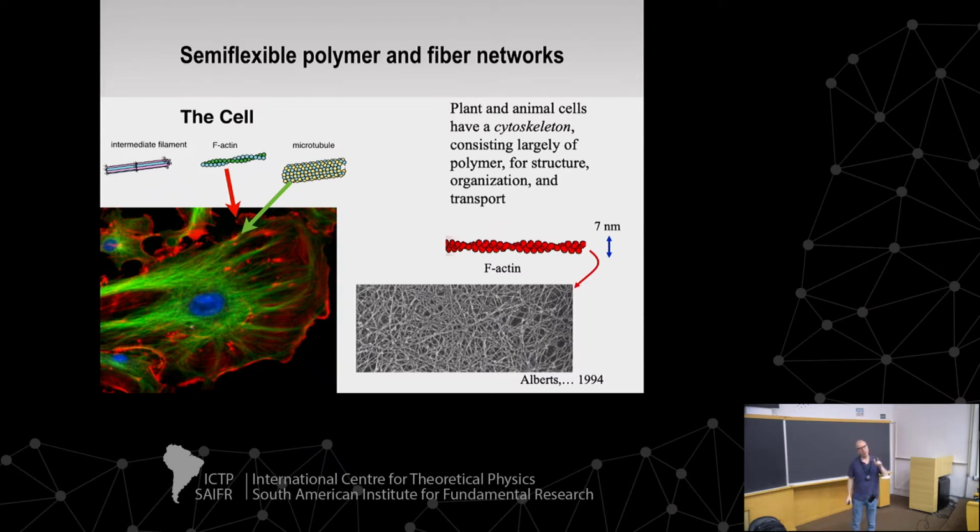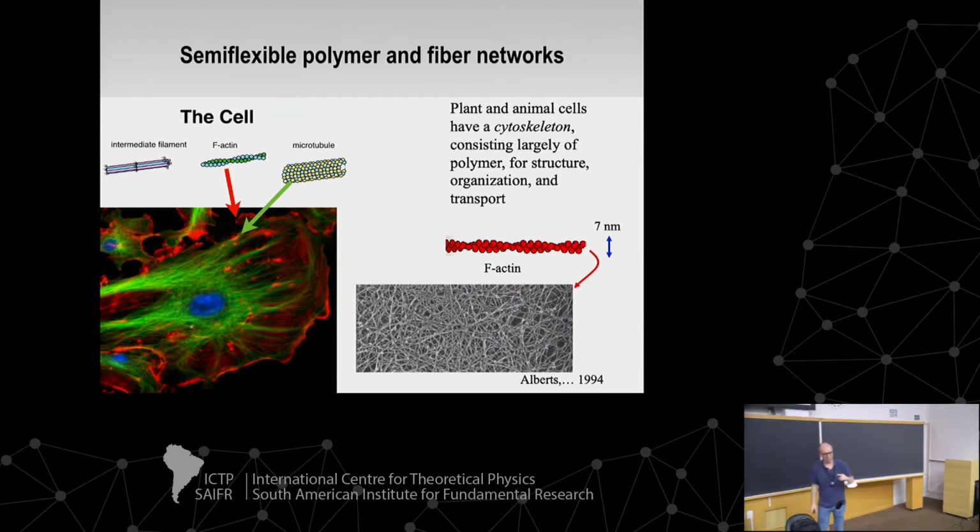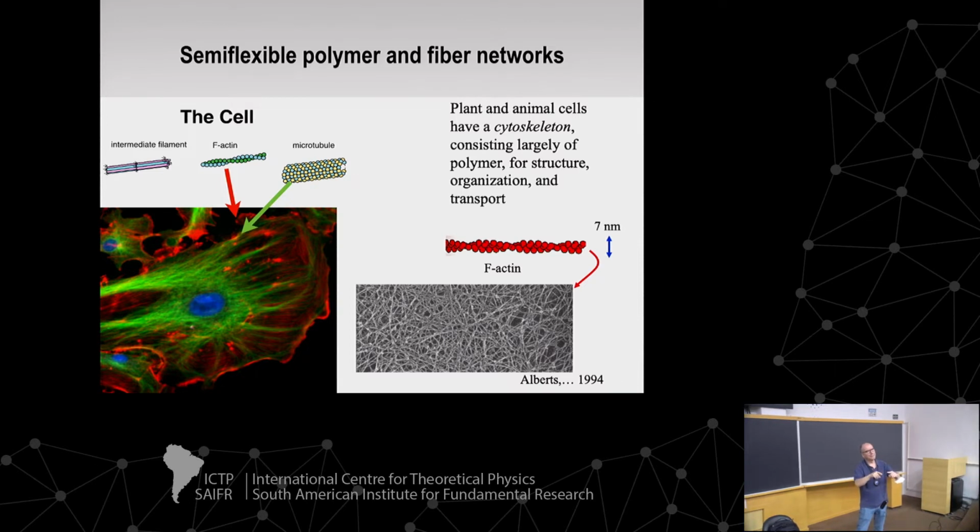They're also polar. So this is another interesting aspect of a lot of these biopolymer systems. They're polar in a way that, if you like, involves a local arrow that says this direction is different from that direction, independent of what the ends look like. So it's not polar because of the ends. Most of these biopolymers are polar, not all. But that's the most obvious structure you see here.